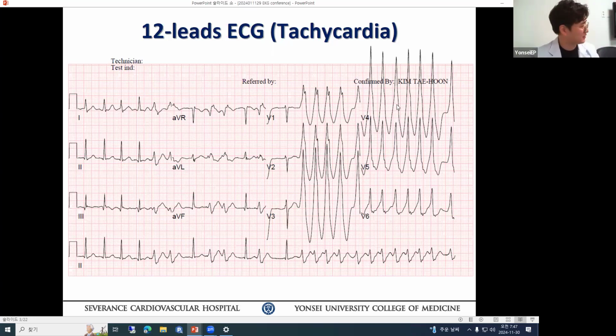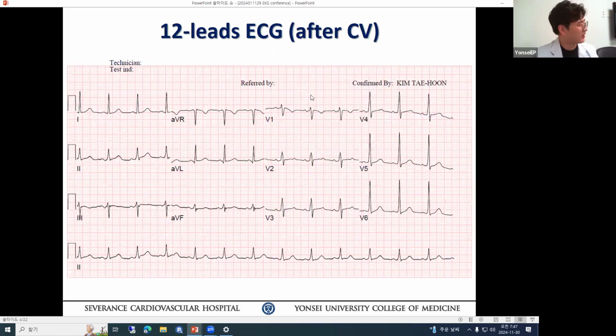Actually, I met this patient in the ER and I chose the most regular EKG. And after cardioversion, let me show you the EKG. Minimal pre-excitation. AVL is negative, right?